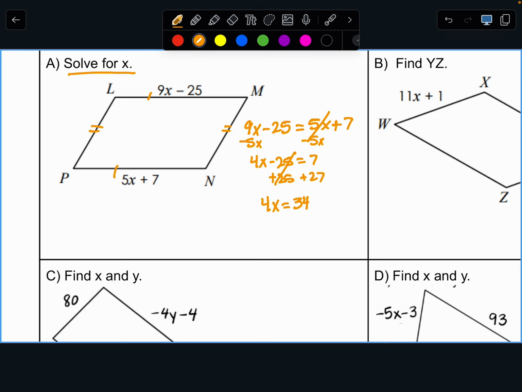Oh, why did I put a 7 there? That's a 5. So 4x minus 25 equals 7, 32, divide by 4, x is 8. And since that's all I ask you to solve for, you're finished.